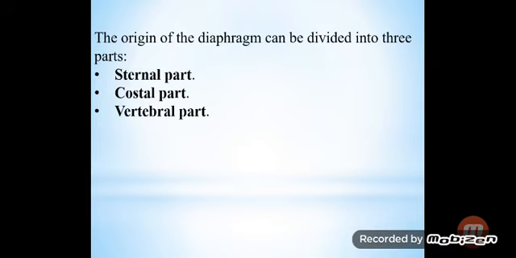The origin of the diaphragm can be divided into three parts. First, the sternal part, which arises from the posterior surface of the xiphoid process.